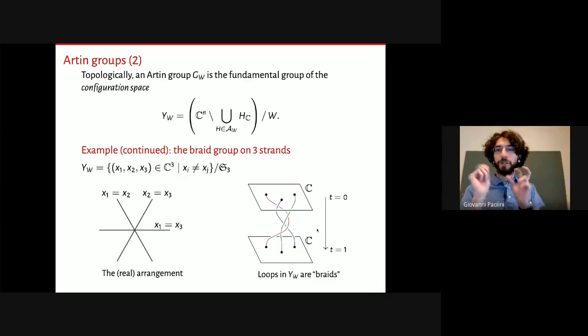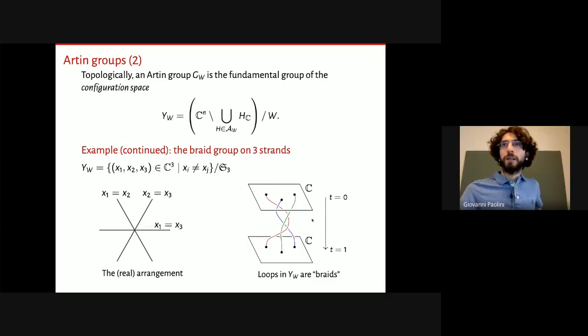So these 3 points are going to move in C, and they're going to land when t equals 1 in the same 3 positions, but possibly being exchanged with each other, because we don't care about the ordering of those points. And what we end up with is a so-called braid. So we get a nice picture like this one.